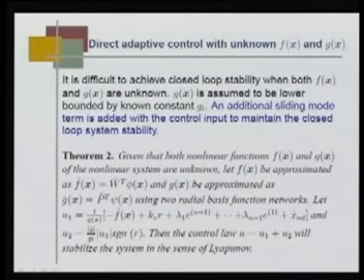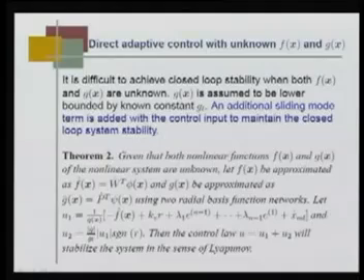Theorem 2: given that both nonlinear functions f x and g x of the nonlinear system are unknown, let f x be approximated as f hat x equals w hat transpose phi x, that means f x has been approximated by a radial basis function network.